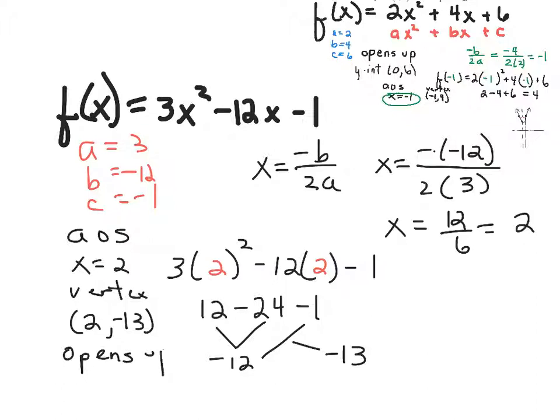And then we also can find our y-intercept because that is simply just C, and so we have a point at 0, negative 1. Now we have plenty of information to graph our quadratic equation. We'll be practicing this in class, so make sure that you understand how to use these equations.